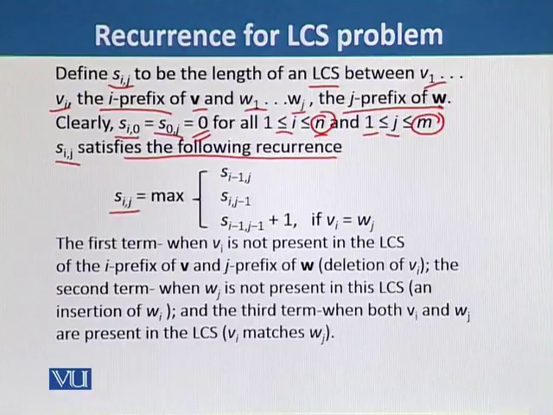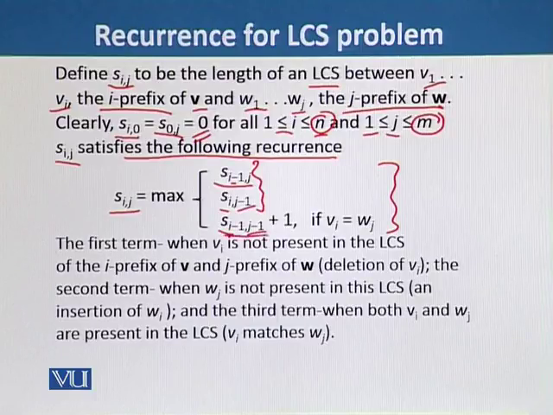We have to calculate Sij as the maximum of three values: Si-1,j, Si,j-1, and Si-1,j-1. The first two we have already calculated for the Manhattan tourist problem, and the third is this one plus 1 if the letters in V and W are identical. We select the value that has the maximum score.